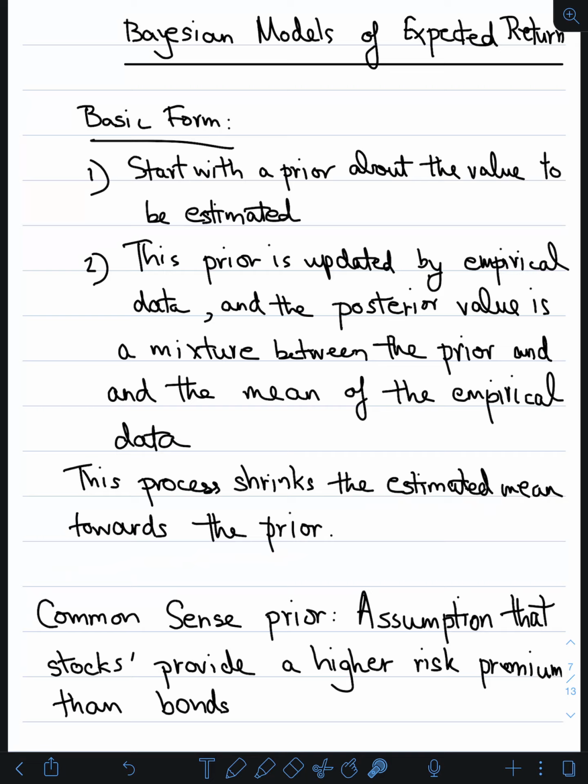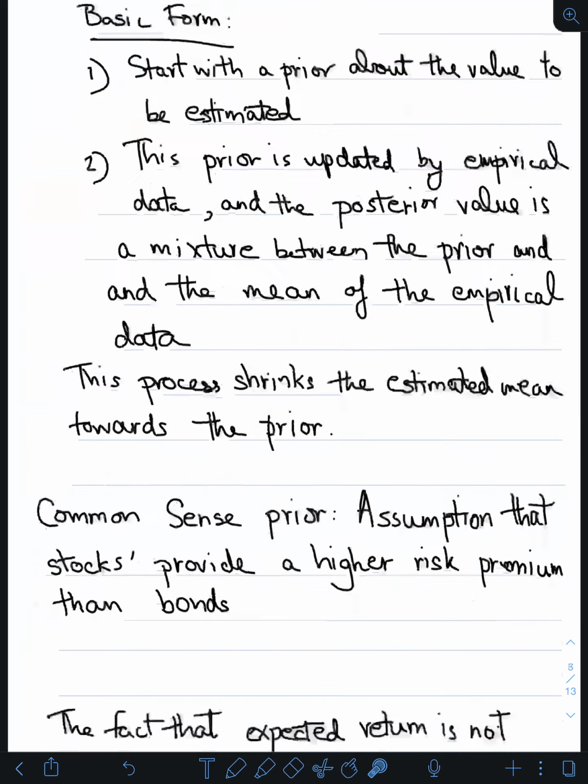So if we're comparing just a T-bill, and we compare a long-term corporate bond versus a stock, we know that the stock is going to have a higher risk premium because stocks have a higher risk than a bond. So we could use that as some prior information with which to estimate our model. Okay, so the assumption that stocks provide a higher risk premium than bonds could be the prior that we use. Then add in our data, update that information to obtain a posterior.